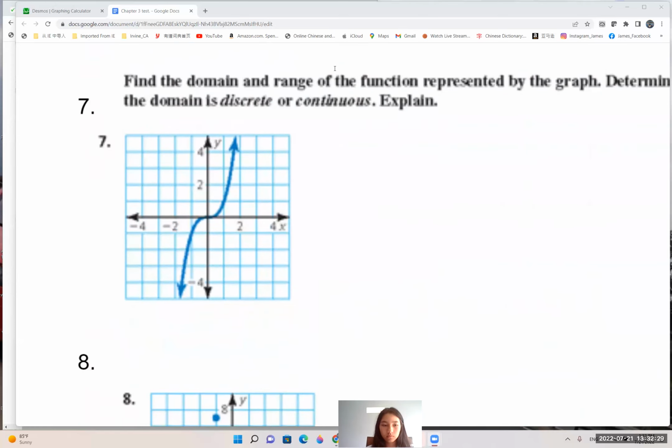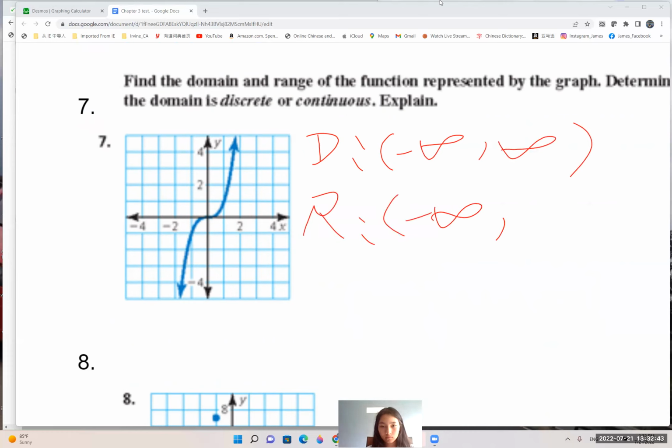Now, if we come here, I'll quickly mention this domain. It's -infinity to infinity. Range also -infinity to infinity. Means all real numbers, right? And do you think this is discrete or continuous?